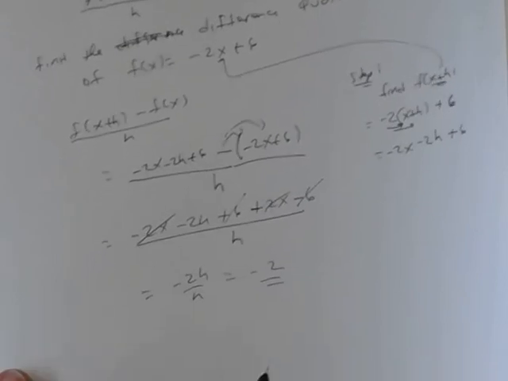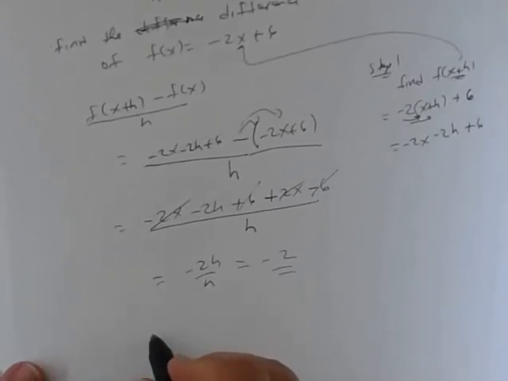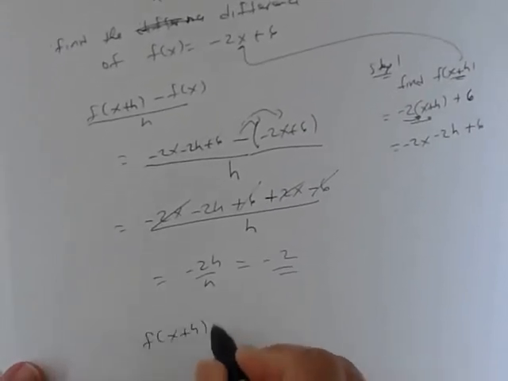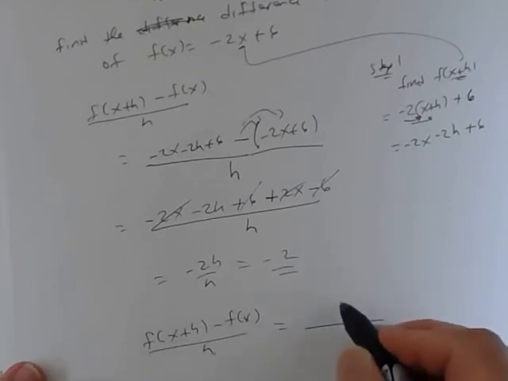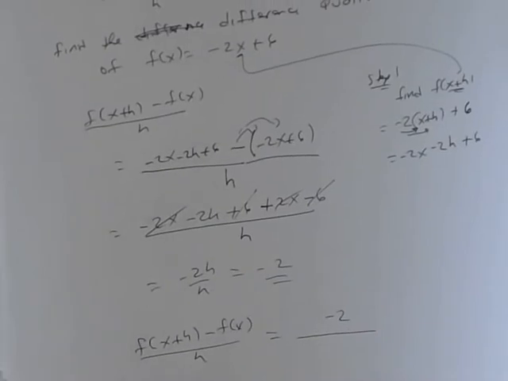So there's your difference quotient. So f of x plus h minus f of x over h is equal. In the blank, what do you put? Negative 2. Now that does mean something. You're going to see what that means in terms of slopes next semester. Slope of a secant line.